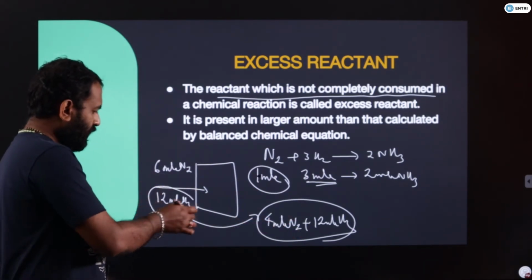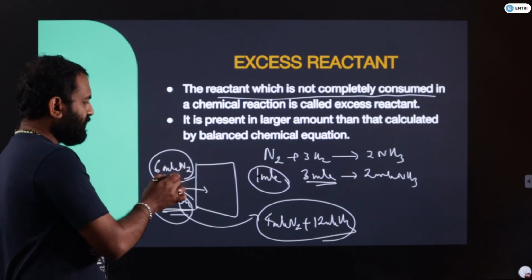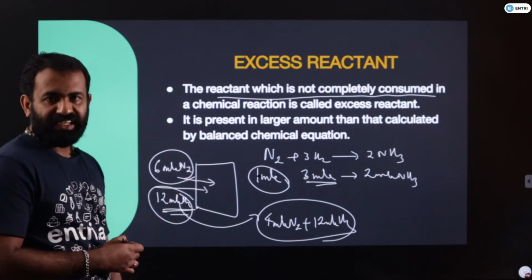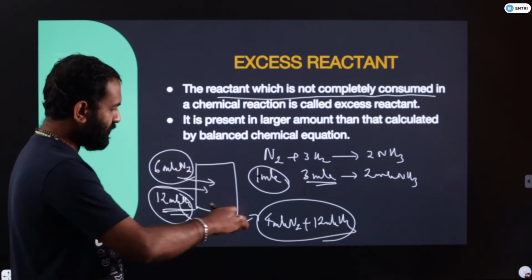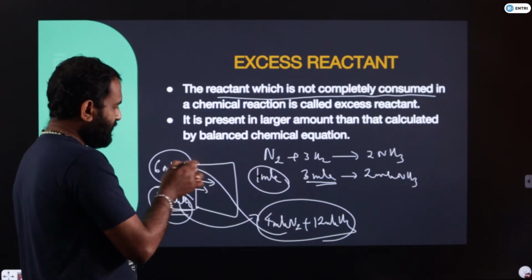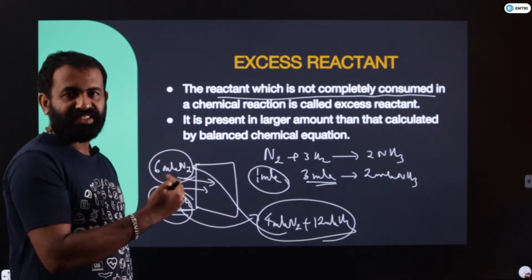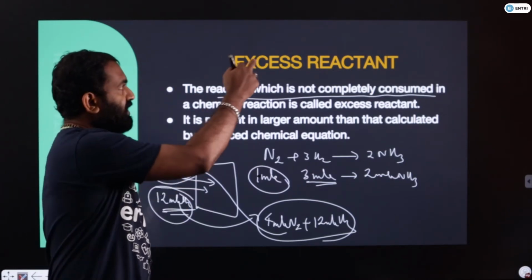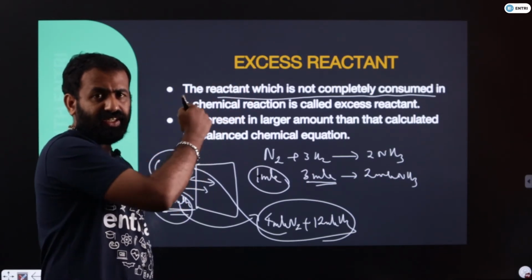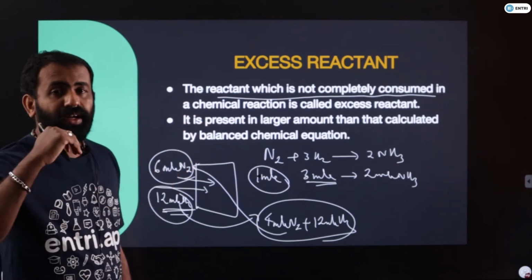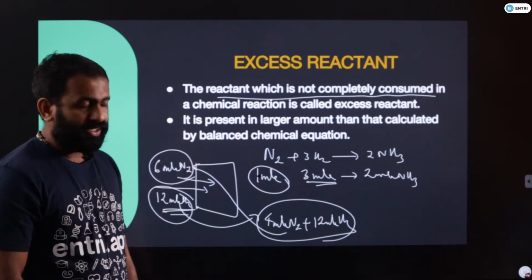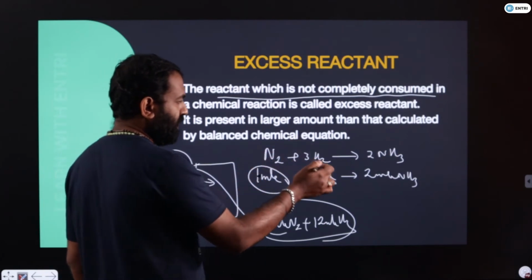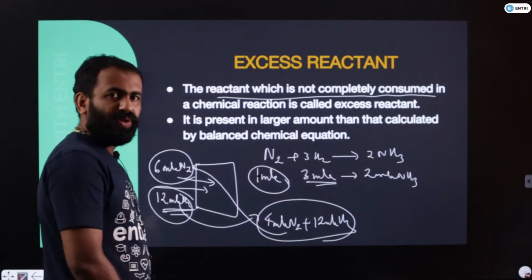Here 12 mole hydrogen and 6 mole nitrogen are fed to the reactor. That means 6 minus 4, 2 mole nitrogen is in excess. So, nitrogen is the excess reactant and hydrogen is the limiting reactant. 1 mole nitrogen combined with 3 mole hydrogen gives 2 mole ammonia.